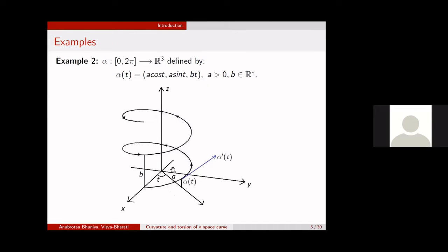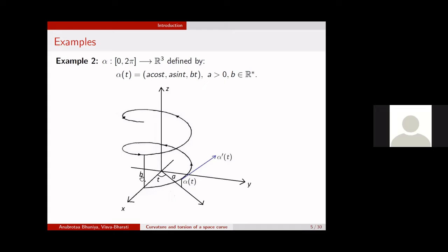So again, I was talking about a helix. A helix is a space curve, a function from 0 to 2 pi to R3, defined by alpha t equal to a cos t, a sin t, bt, where a is greater than 0 and b can be any non-zero real number. Here a denotes the radius: when we take the projection of any point on the xy plane, a is the length of the line joining the origin and that projection point.